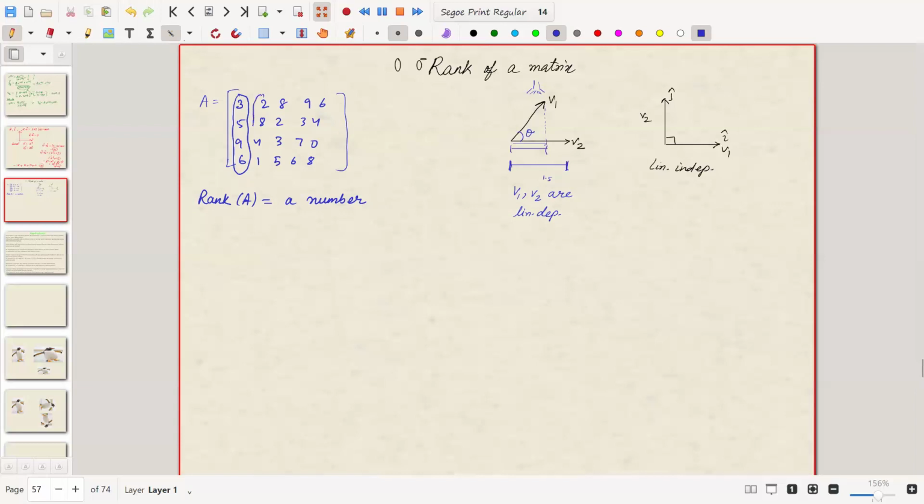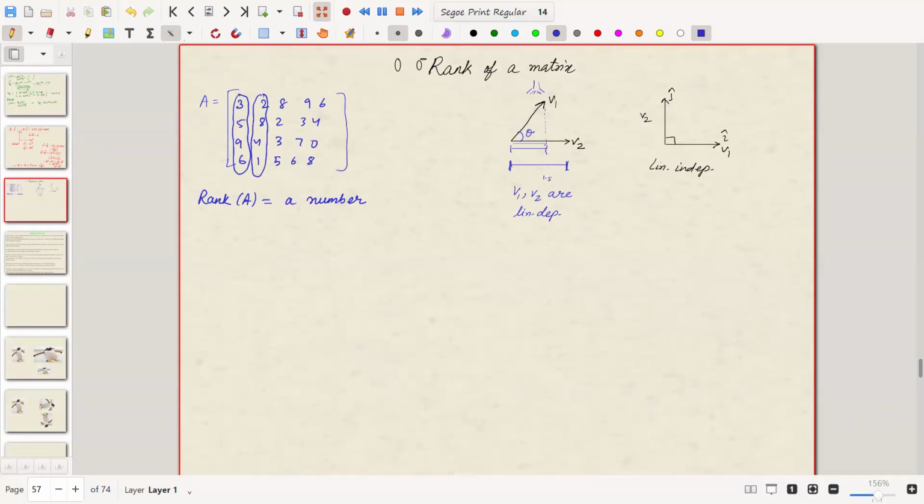Now you have to check whether these are linearly independent or linearly dependent. But that will be very time consuming. You have to check each vector with respect to each of the other vectors. So there are some more methods to compute the rank of a matrix.